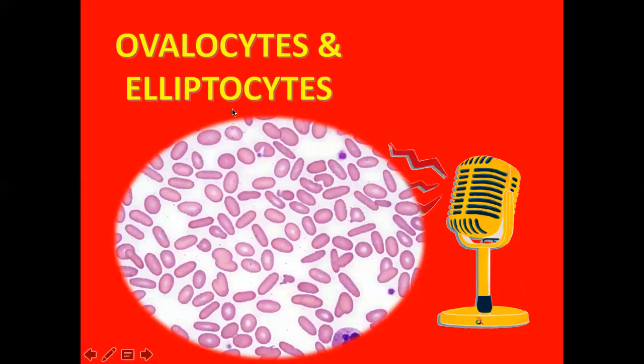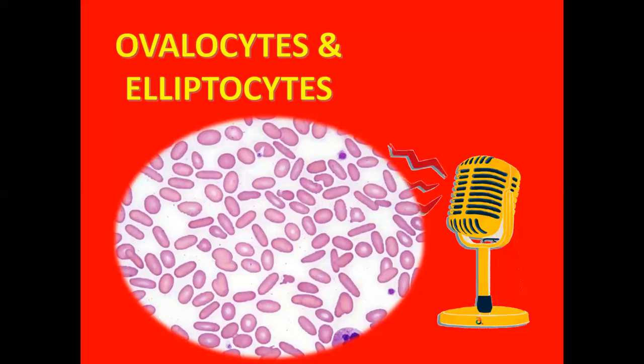And take note that these ovalocytes and elliptocytes can appear normochromic because the hemoglobin concentration appears in the normal central pallor area. They may also appear as hypochromic. When we say hypochromic, it means that the red blood cells have less hemoglobin than normal, and they usually appear pale in color.